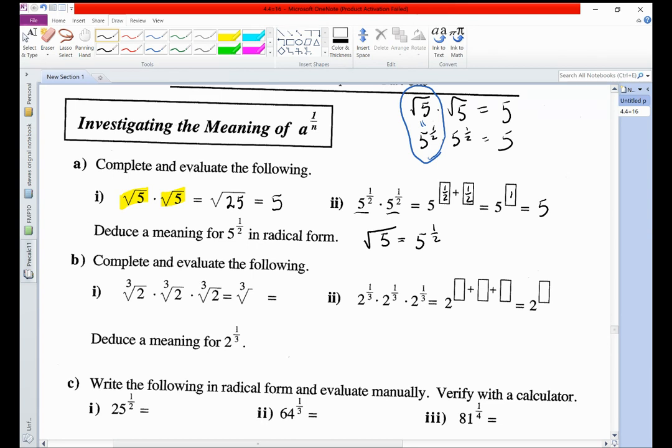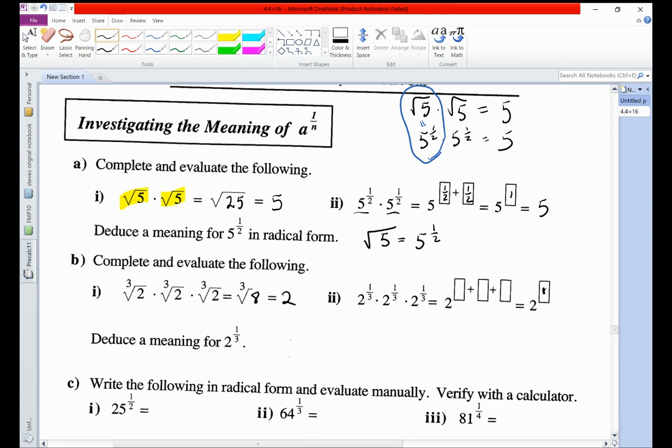And so we can do the same idea with cube roots as well. The cube root of 2 times the cube root of 2 times the cube root of 2 is the cube root of 8, which reduces to 2. And then 2 to the power of 1/3 times 2 to the power of 1/3 times 2 to the power of 1/3. When you add all those exponents together, you end up getting 2 to the power of 1, right? 1/3 plus 1/3 plus 1/3 is 3/3 or just 1.